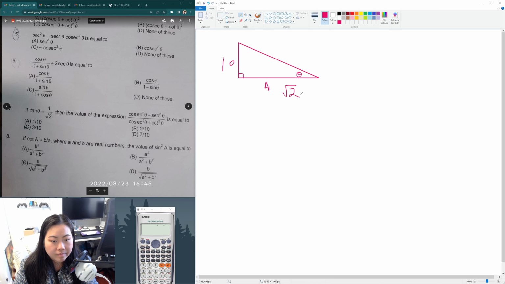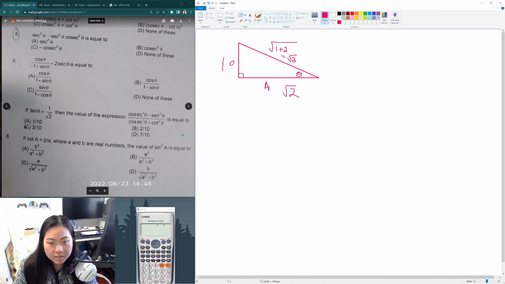Then the hypotenuse, I'm going to find that now because I think we need it, is the square root of 1 squared plus root 2 squared, which is root 3. Find the value of the expression.